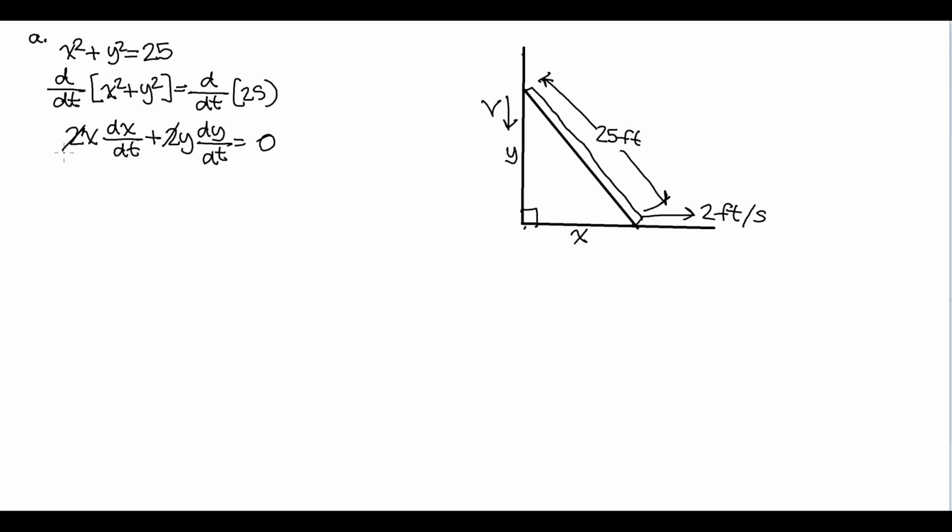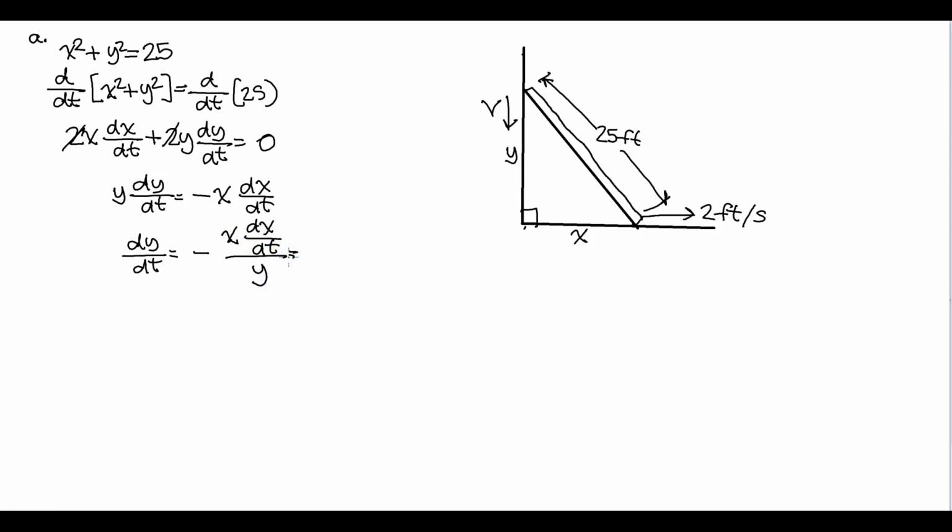Which means we want to find dy/dt, the rate at which the top of the ladder is moving down the wall. So that gets us y dy/dt equals negative x dx/dt. And so we get dy/dt equals negative x dx/dt over y.